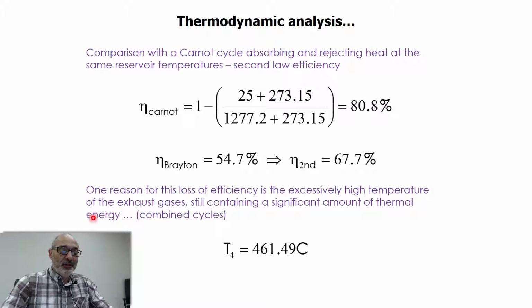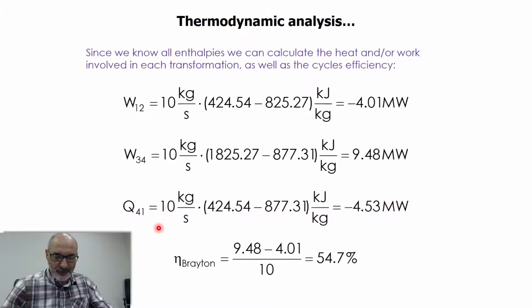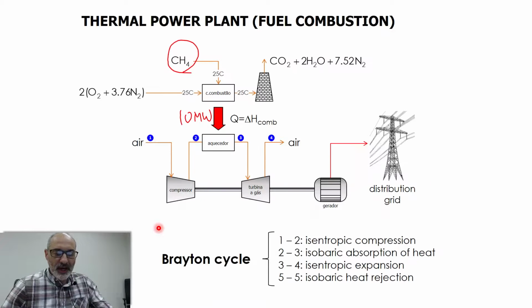An observation: one reason for this loss of efficiency is the excessively high temperature of the exhaust gases, which still contain a significant amount of thermal energy. And that is exactly the reason why we tend to use combined cycles. Let me go back some slides.